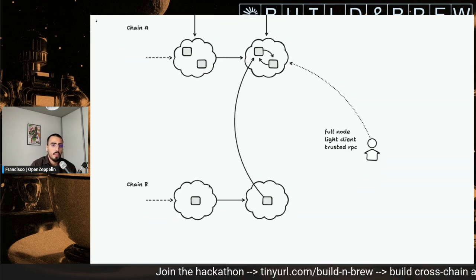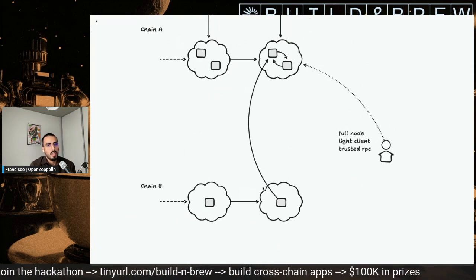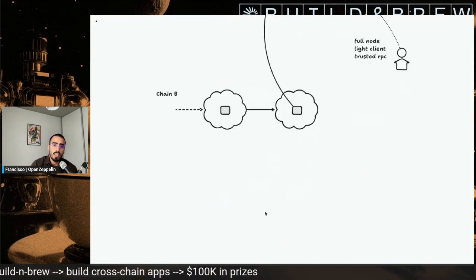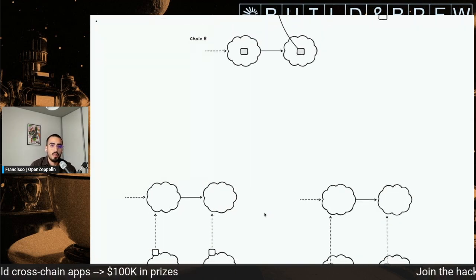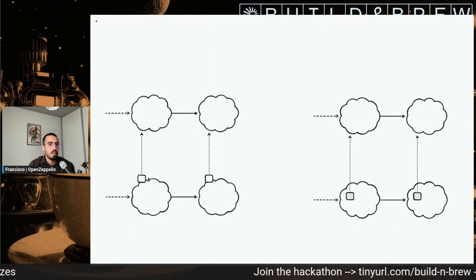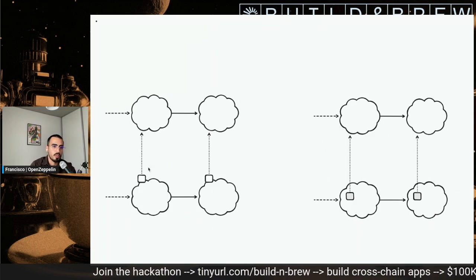First of all, this is going to be able to happen in two different ways. In one way, the chains themselves are going to provide this cross-chain link by default. It's what I try to symbolize here.